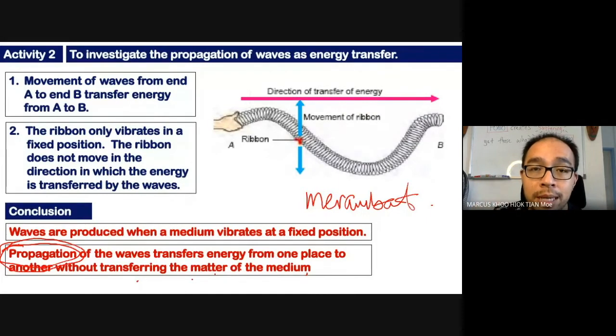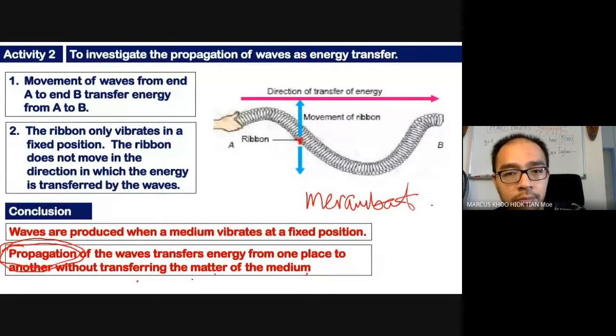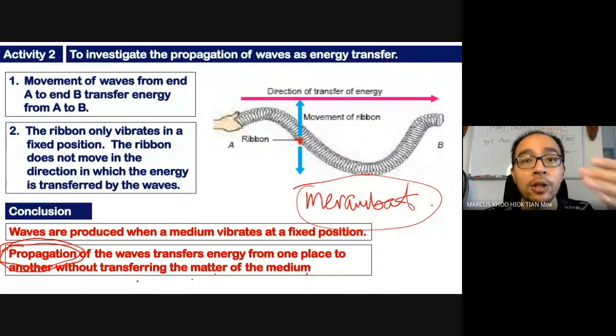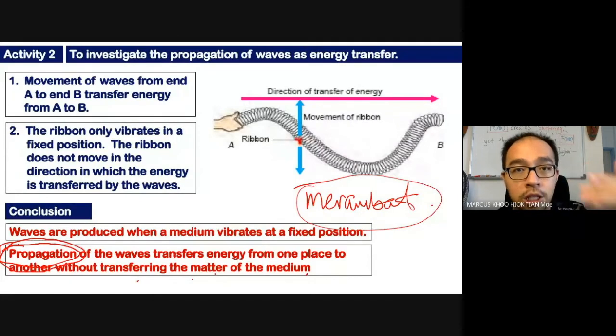Perambatan gelombang, merambat in Bahasa Melayu. Propagation, perambatan gelombang, memindahkan tenaga. Propagation of waves transfers the energy, not the matter. We don't say waves move, waves propagate. So a lot of new words for us here today.